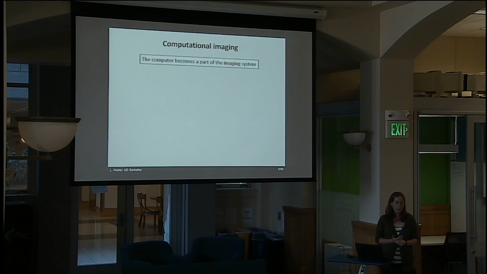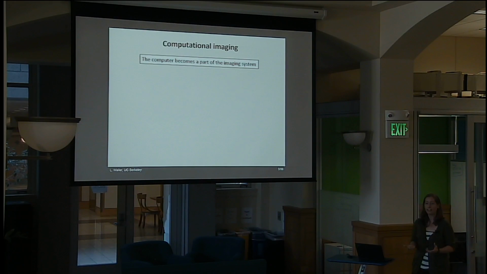So we want to use cheap, simple hardware and achieve what an expensive microscope can do. But actually, with computational imaging, we can do more than what a traditional microscope can do. So we can go beyond these high-quality 2D regular images and extract more information by carefully designing our optical systems and our post-processing together.